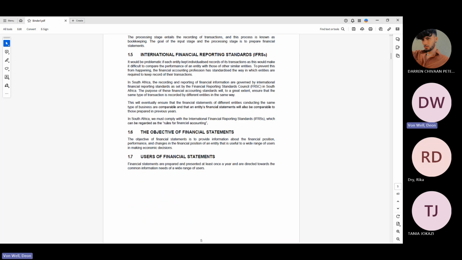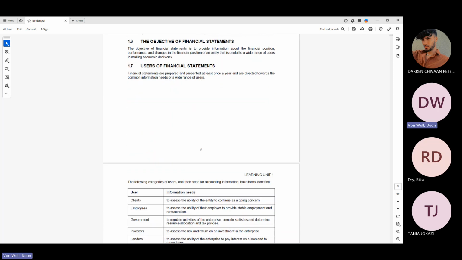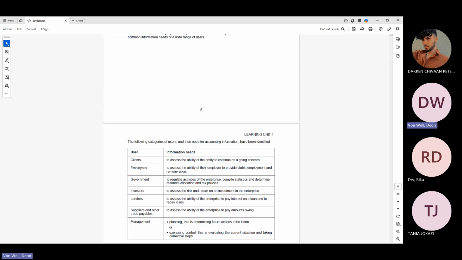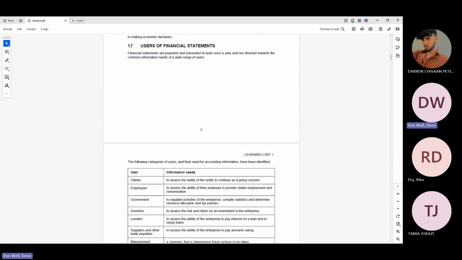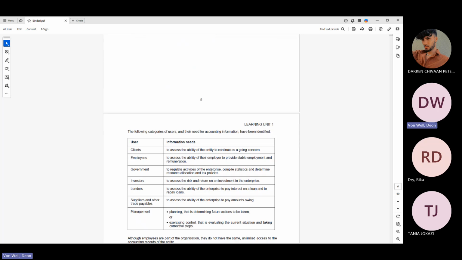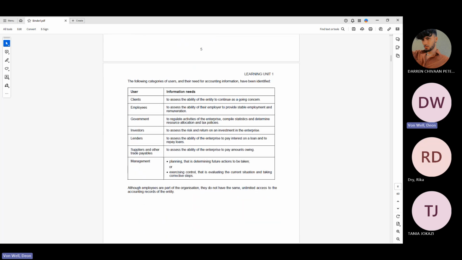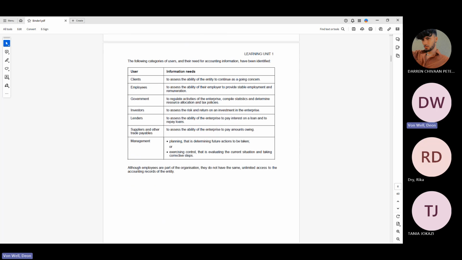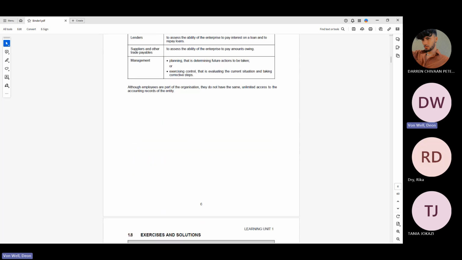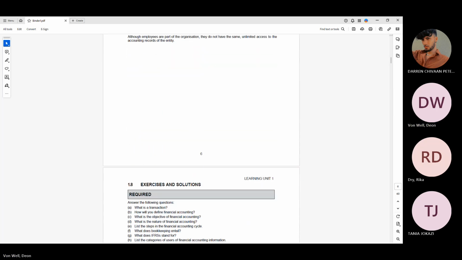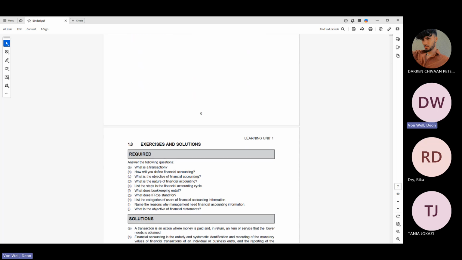I think this is basically, when we look at Learning Unit 1, the people that make use of the financial statements, clients, employees, government, these are all theory that you can work through. Remember, in case you get a theory type of question, but this is mostly what is important from Learning Unit 1.